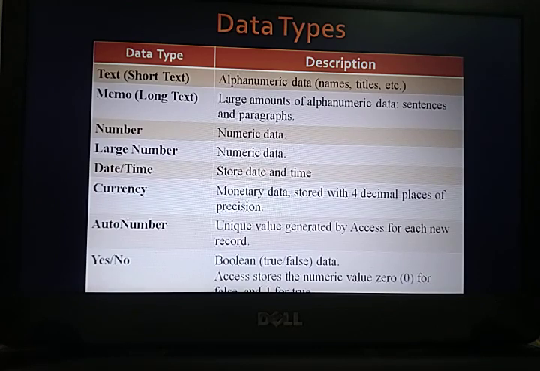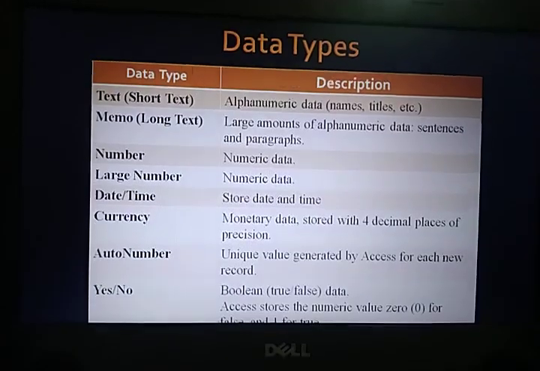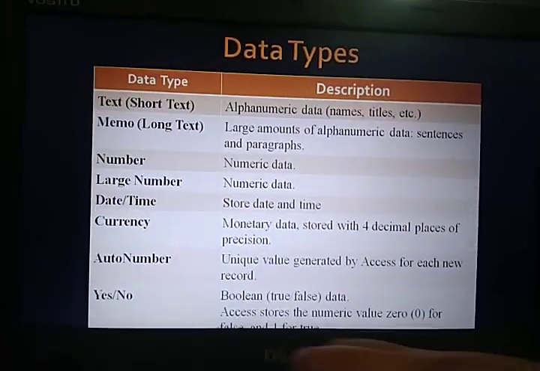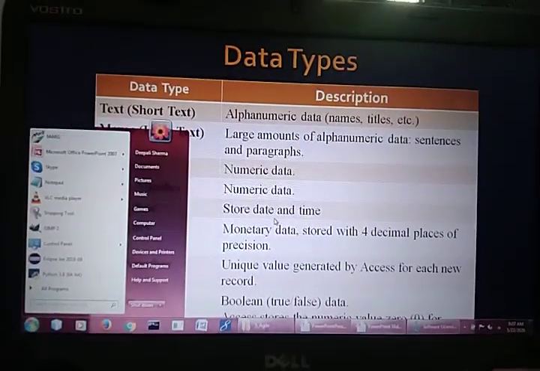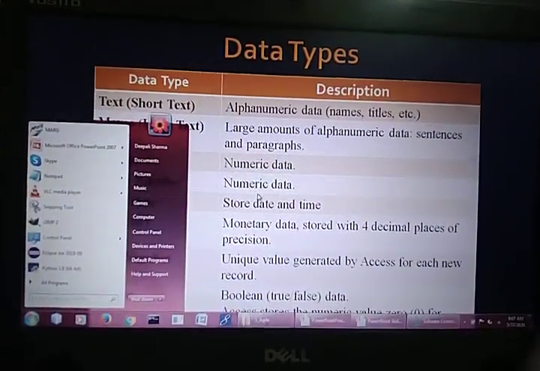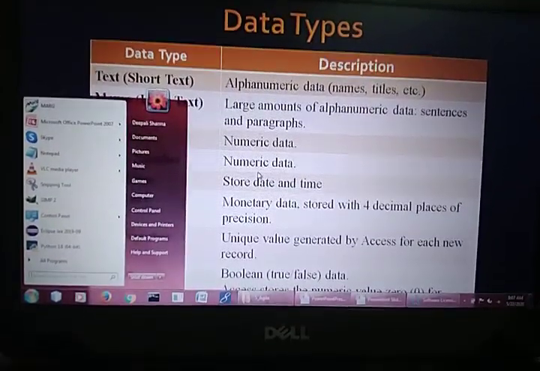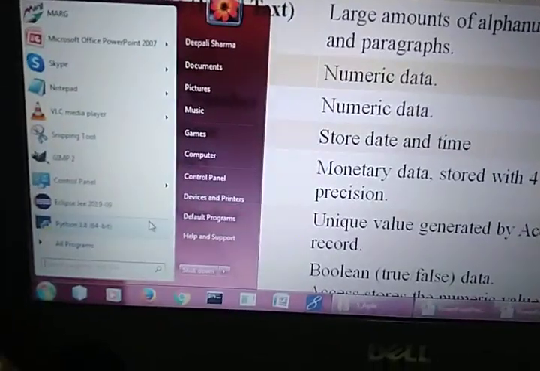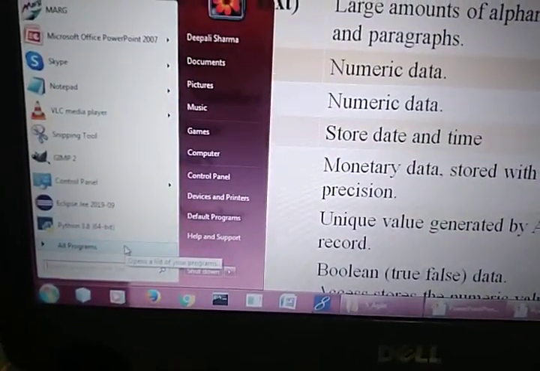So remember these steps for how to open MS Access. Let me show you. Students, for opening MS Access, first I am pressing the Windows button on the keyboard. Then, as I told you, you have to select All Programs.